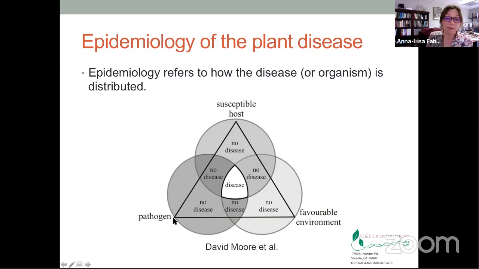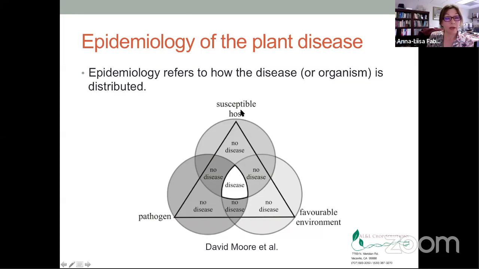If we have a pathogen and a host, but we don't have a favorable environment for the disease to occur, there's no disease.